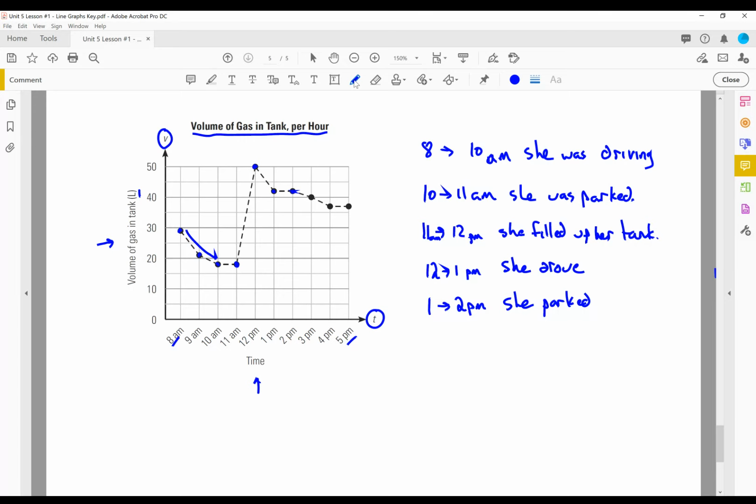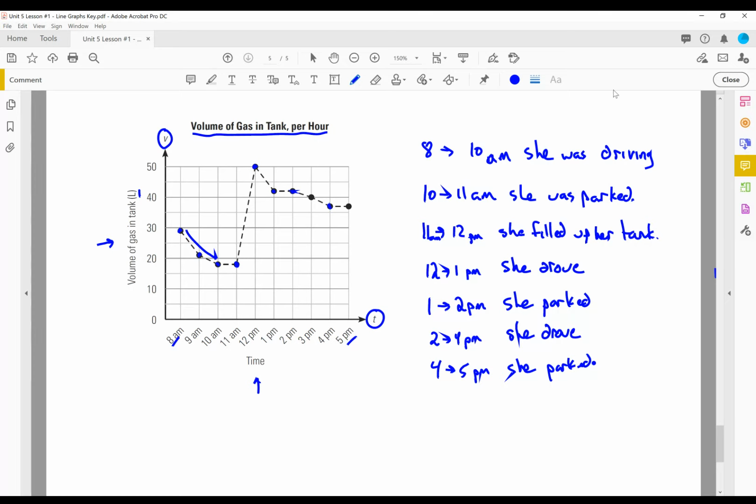From 2 p.m. to 3 and also to 4, so from 2 to 4, she drove again. And then from 4 to 5, she was parked. Okay, that's how I would answer that question.